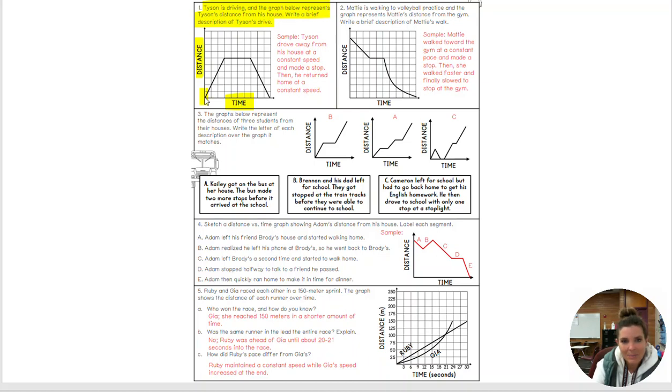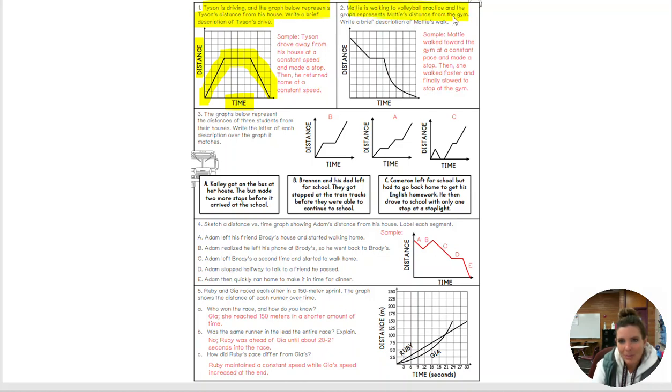So as time increases, he's driving at a constant speed. And then right here, time is still passing, but distance is not increasing or decreasing. So he must have made a stop right here, okay? And then he returned home at a constant speed.